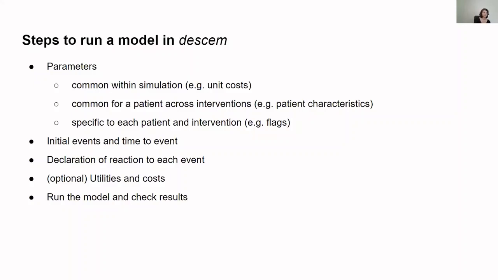Those would be different across different patients, but they don't differ across the interventions. And then those parameters that are unique to patients and their specific interventions. An example here could be any kind of helper flags, so variables that may indicate or record whether an event happened during the simulation.